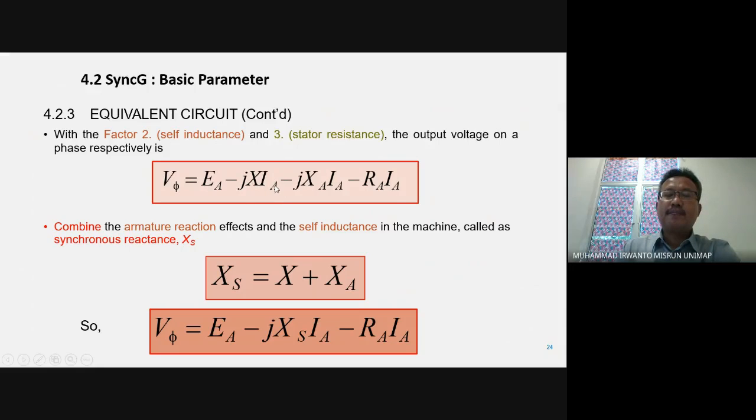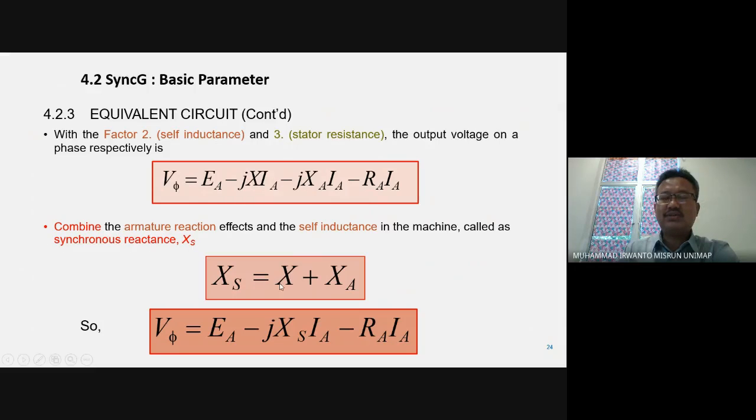This formulation can be written as V phi equals EA minus IA multiplied by JX minus JXA minus RA. There are two components, X and XA. The summation of X and XA we can call the synchronous reactance, XS.